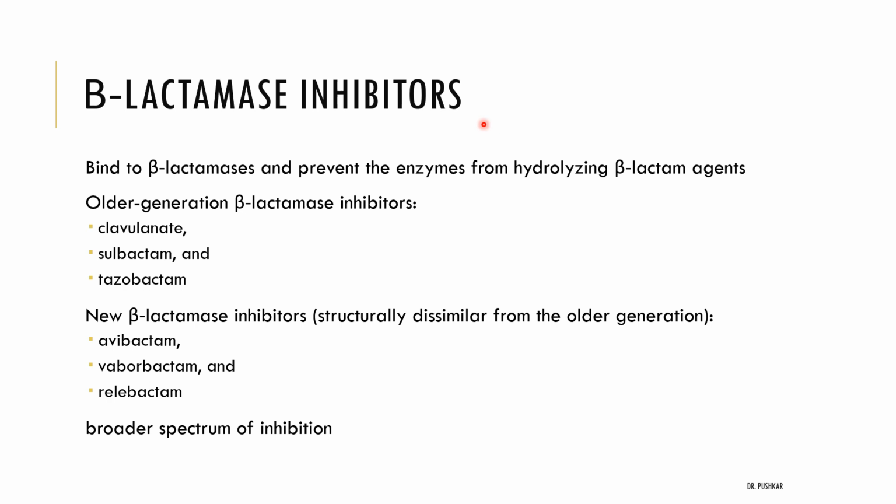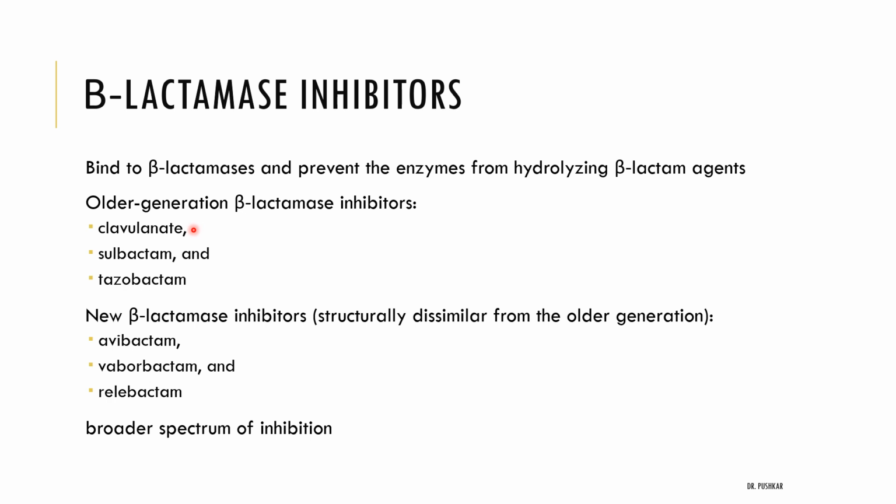These beta-lactamase inhibitors inhibit the beta-lactamase enzyme of the bacteria, and we will have greater activity of our beta-lactam antibiotics, such as when we saw that amoxicillin is combined with clavulanate. This clavulanate is one very important beta lactamase inhibitor which is commonly used.